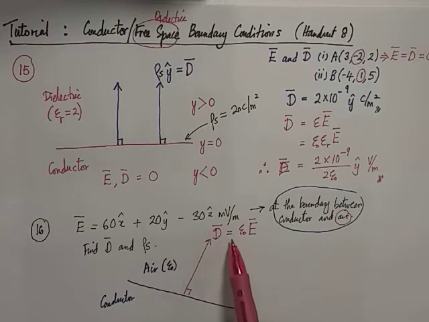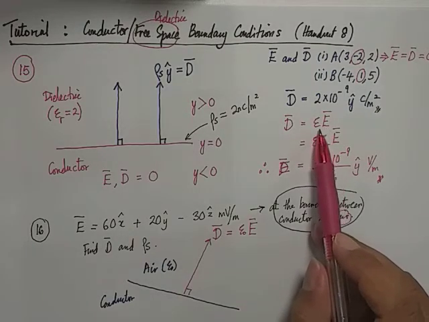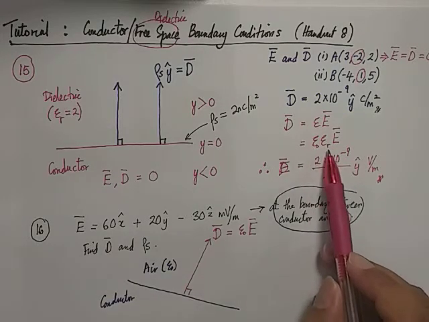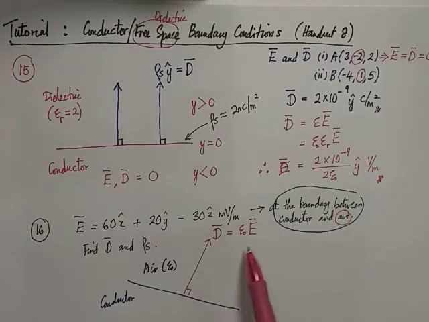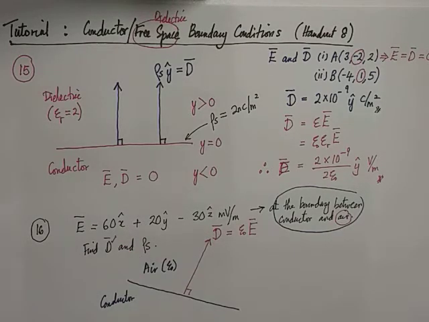As shown up here, for a dielectric it should be epsilon E, and epsilon equals epsilon naught multiplied with the dielectric constant or relative permittivity. But for air, epsilon R is equal to 1. So to find D, just multiply everything here with epsilon naught. That's done, so we have answered D already.